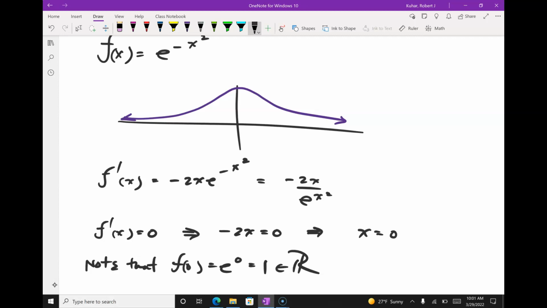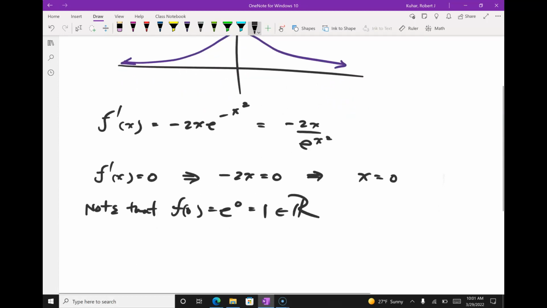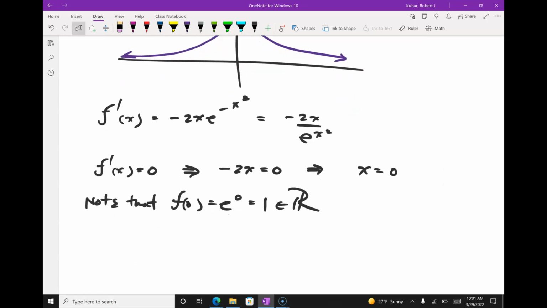I need the first derivative to change signs from positive to negative, or I need my second derivative to be negative. They tell me the same thing. All right, we ready? Second derivative? Good, you're not copying me.